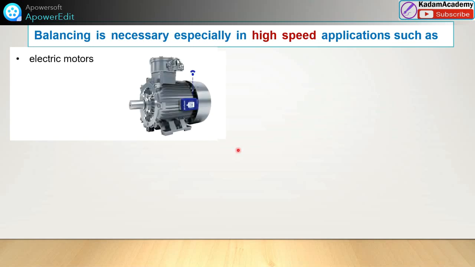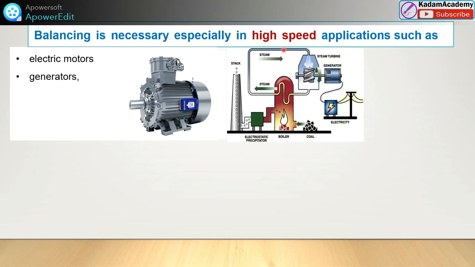The applications are such as electric motors and generators. See here, steam is produced at high speed, which will generate the power. Here electricity is generated through steam power. This is the flue gases which will go outside. This is the boiler which will burn the fuel.